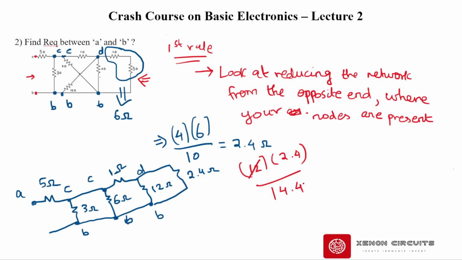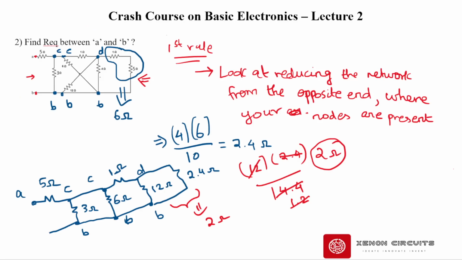We know that 12 times 12 is 144, which means this has to be 1.2, and then 1.2 by 2.4 becomes 2 ohms, right? So the R equivalent between 12 ohm and 2.4 reduces to 2 ohms. Now if we redraw the circuit, let me just go to the next page.